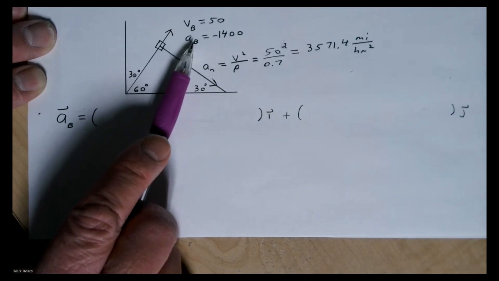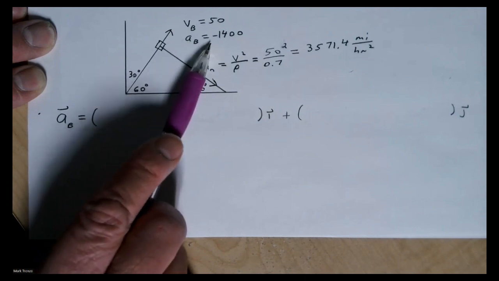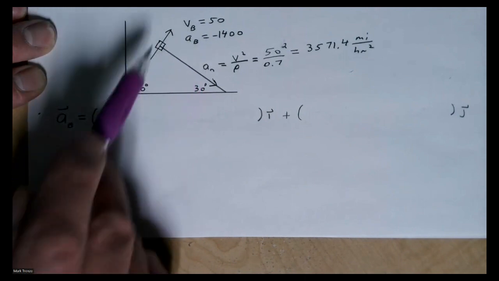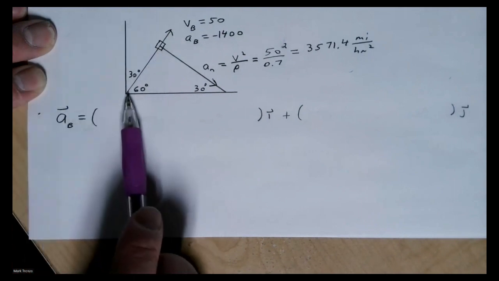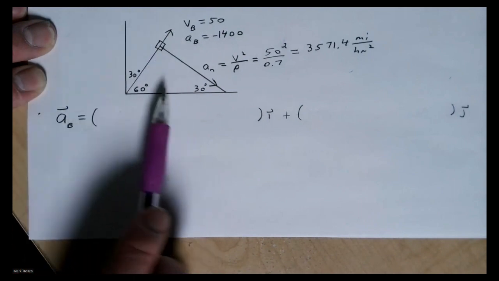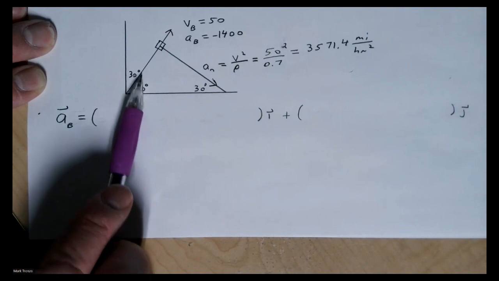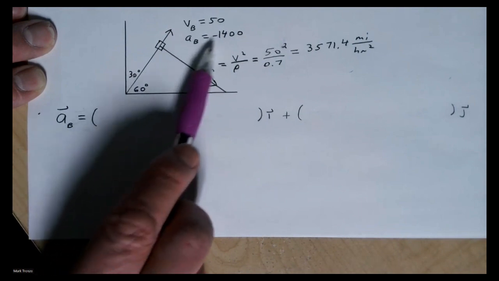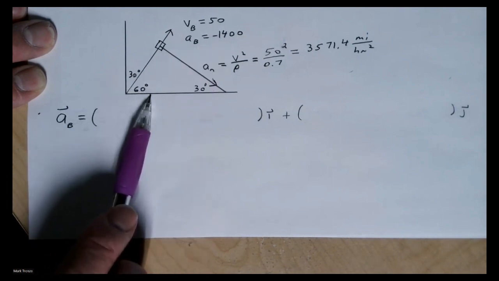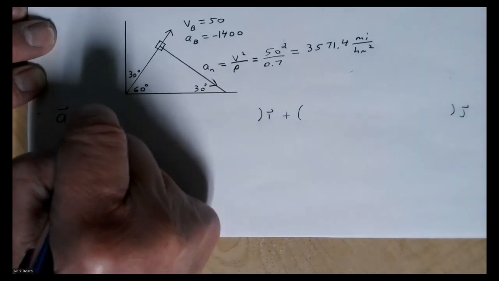First of all, let's look at the tangential acceleration. It's minus 1400. And then the x component will be the adjacent to this, so it'll be minus 1400 cosine 60.